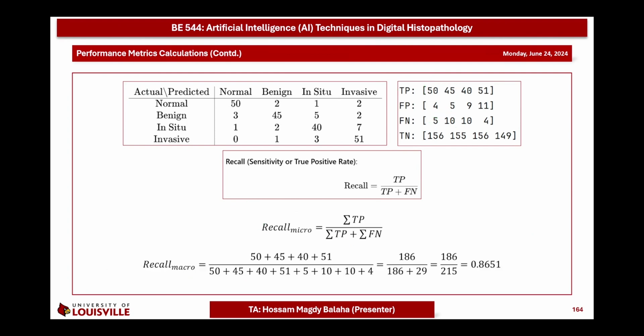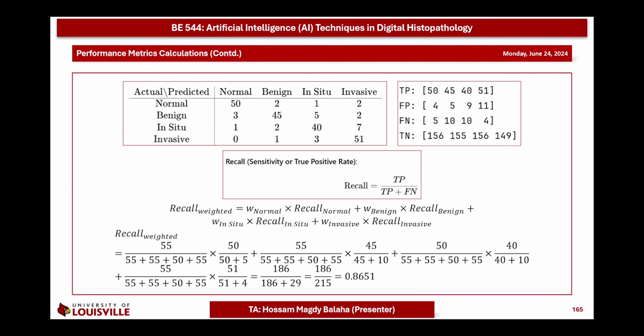What about the micro? For the micro, you are summing each component and then injecting it in the equation. So for the true positive, you are summing all of the true positives and all of the false negatives, dividing them together, and you get the result of about 86.5%. For the weighted, you calculate it similar to macro, but instead of dividing by 4, you are multiplying each metric by a weight.